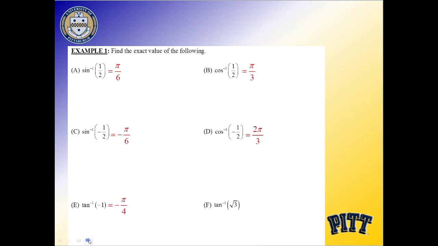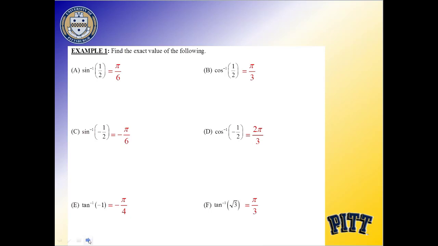And the arc tangent of the square root of 3. Now, square root of 3 is a value you're supposed to recognize. That would give me a base of pi over 3. And another possibility would be 4 pi over 3.